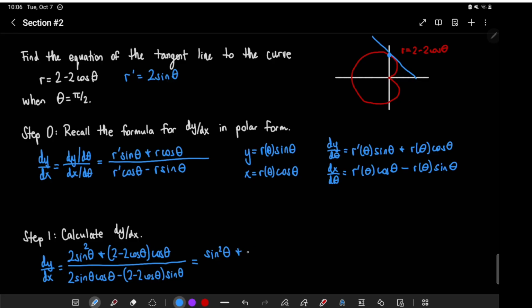That would have been plus cosine theta, because that 2 will go away once I cancel all the 2's, minus cosine squared theta, over, again, let's get rid of all the 2's down here. So I'll get, well, this is kind of interesting, I suppose. We'll have a sine times a cosine, and we'll have another sine times a cosine. So even though I cancel the 2's, I actually have 2 of those. So I'll get 2 sine cosine.